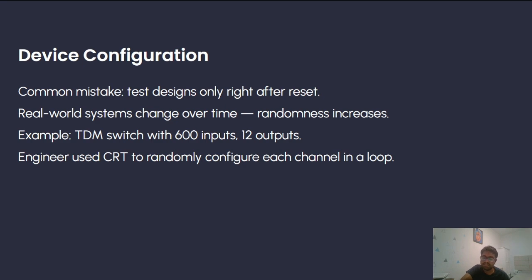Initially, the engineer used a manual test script and missed important cases. Later, using CRT, they randomized the configuration of each channel and looped through it. This approach tested much more real world behavior.